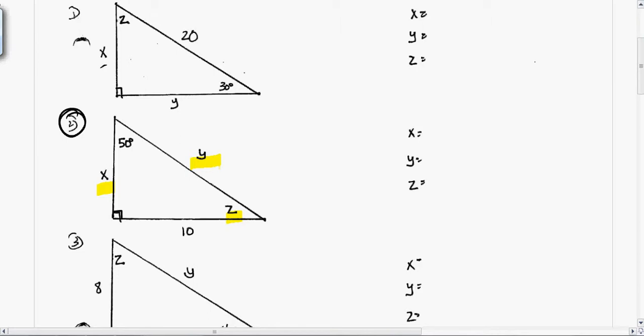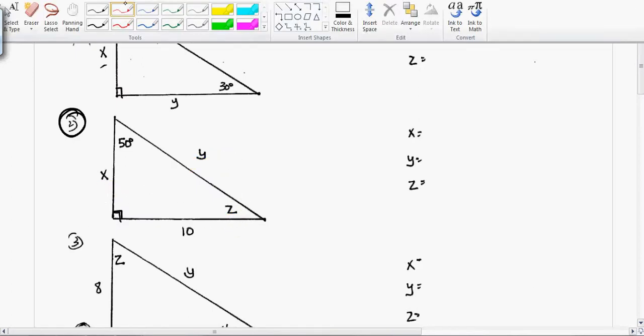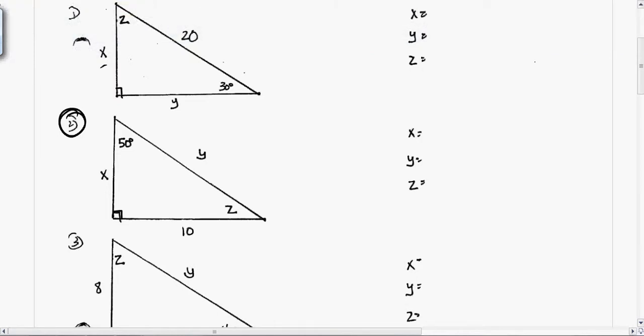It's probably the easiest in this case to find the missing angle first. I am going to do that by remembering that angles of a triangle add up to 180 degrees. That means if I took the 90-degree angle down here in the corner and added it to the 50-degree angle up on the top, and then added whatever Z is, I would get 180 degrees total.